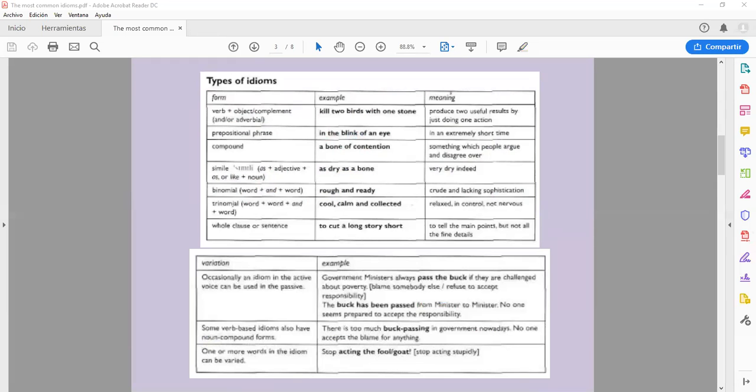Today in the morning, I went to work, and in my commute, I paid the telephone bill in an OXXO. I killed two birds with one stone.